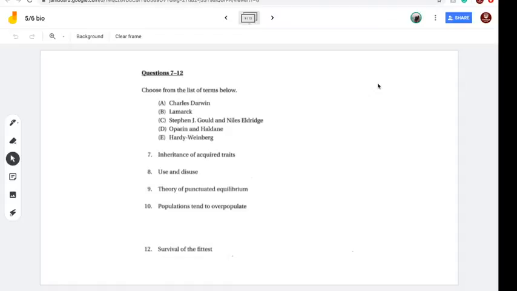His theory relied on the ideas of use and disuse and of inheritance of acquired characteristics. His theories stood against Darwin, but Lamarck's theory was disproved a while ago. So the answer here would be choice B.